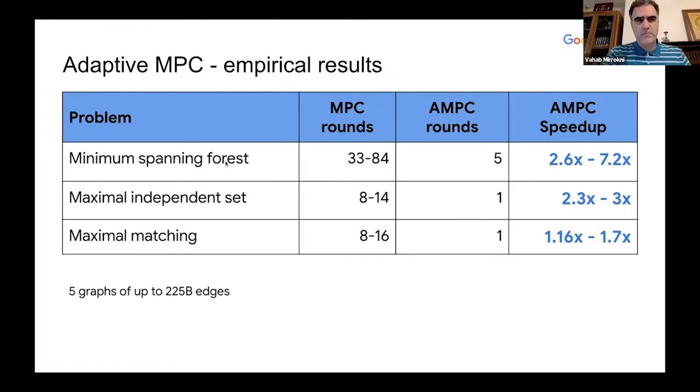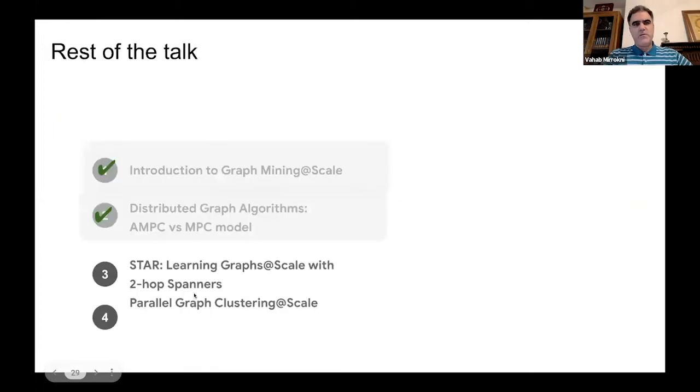And we see that, for example, for spanning forest or independent set, the number of rounds of computation goes from tens, like 30 to 80 here, to 5, or like 8 to 14 to only 1 round of computation. And that gives us good improvement in the running time. And these are empirical studies that we did for a graph that's publicly available and basically has 200 billion edges.